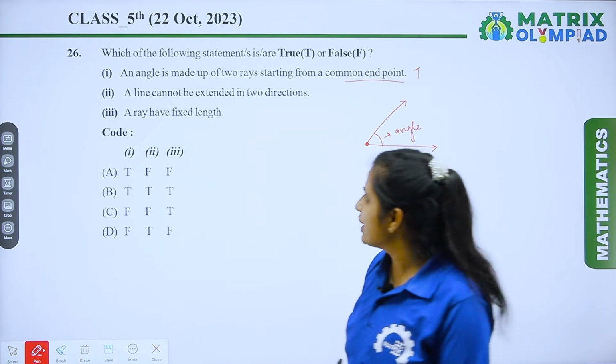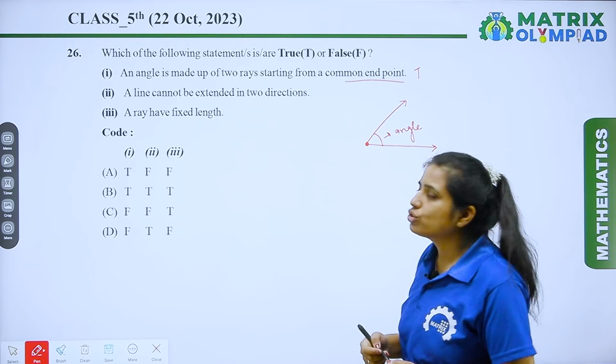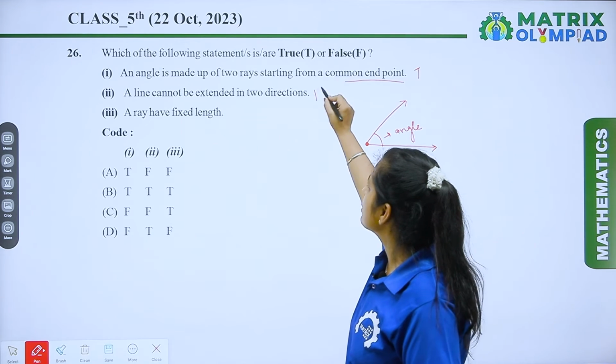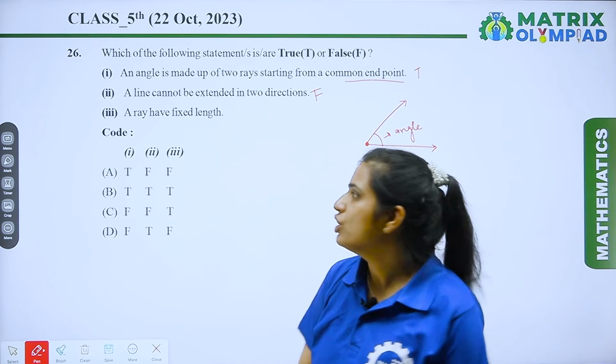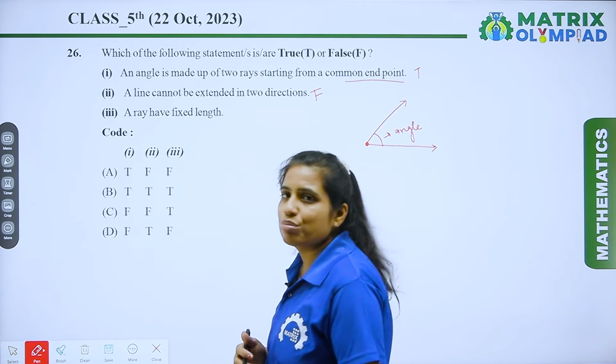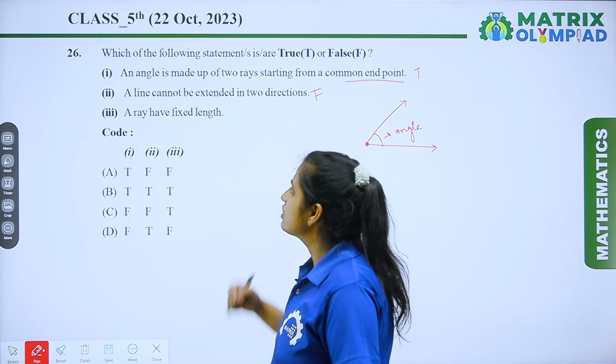Now the next statement is a line cannot be extended in two directions. So this statement is false because a line can be extended from both the sides. So the second statement is false. The third one is a ray has fixed length.